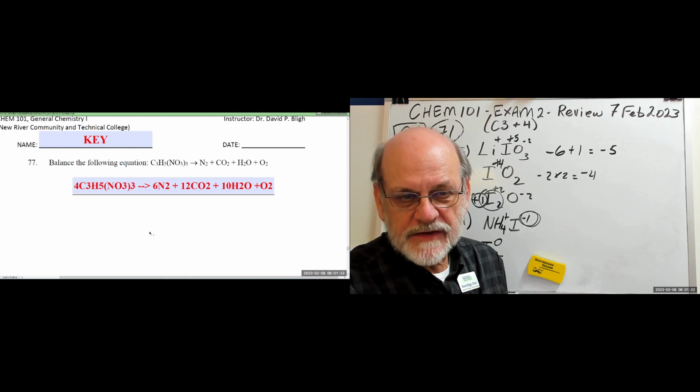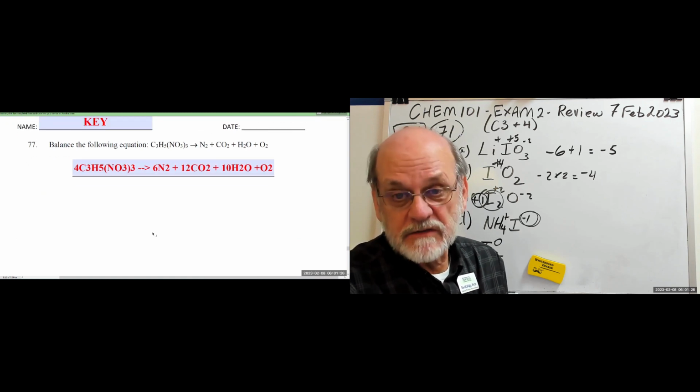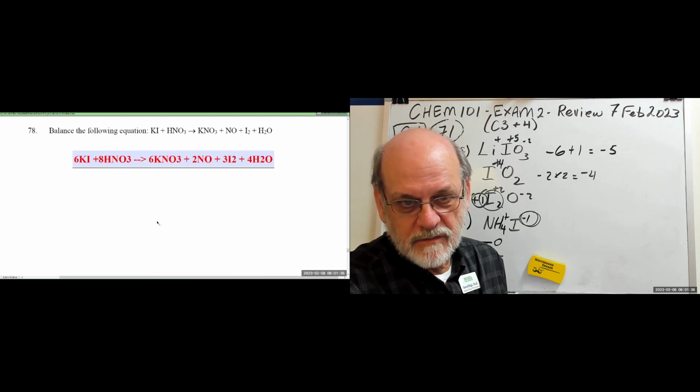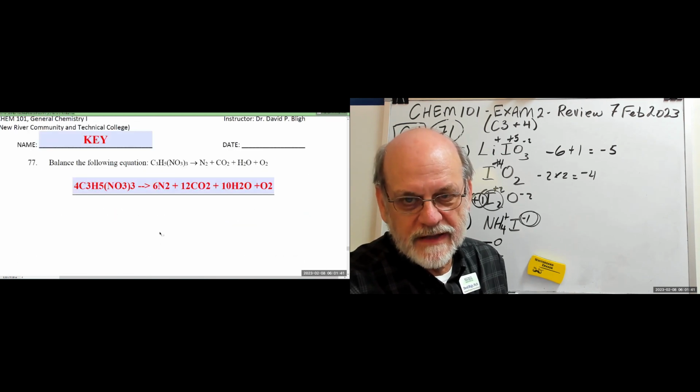We could balance these. It might be instructive to do this one. That one looks kind of hairy though. Let's see, what's this one? This one might be troubled also. So let's go back to this one and try it.